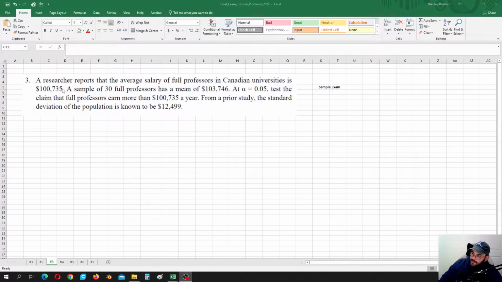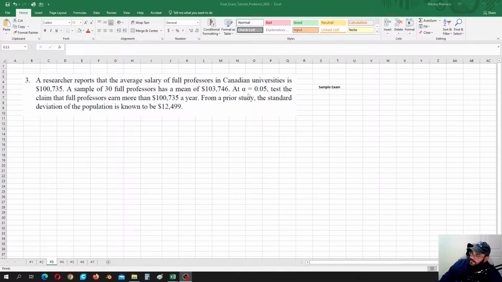And obviously, if you don't use the method which is defined in the problem, it's going to be some major deduction. Okay, let's say we have a report, and as we can see, the average salary of full professors in Canadian universities is 100,735. A sample of 30 full professors has a mean of 103,746.